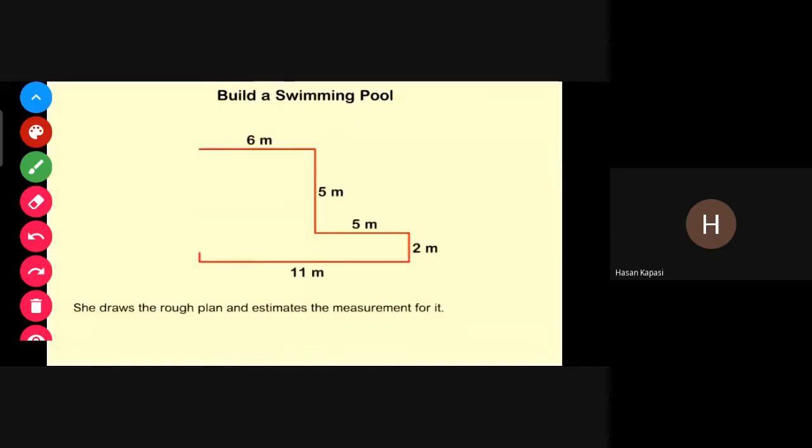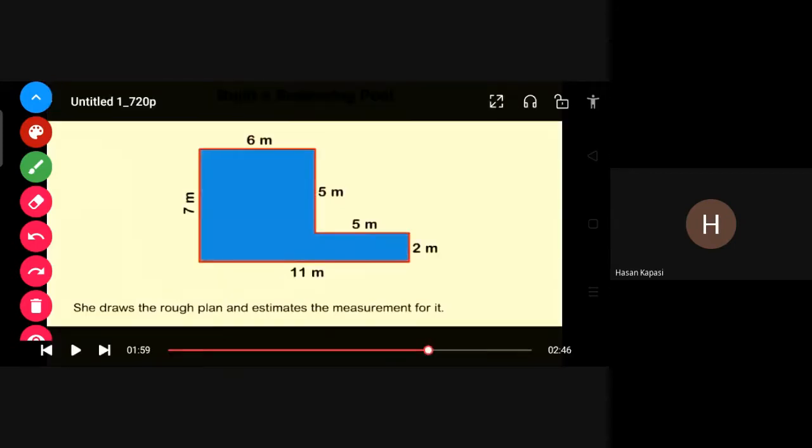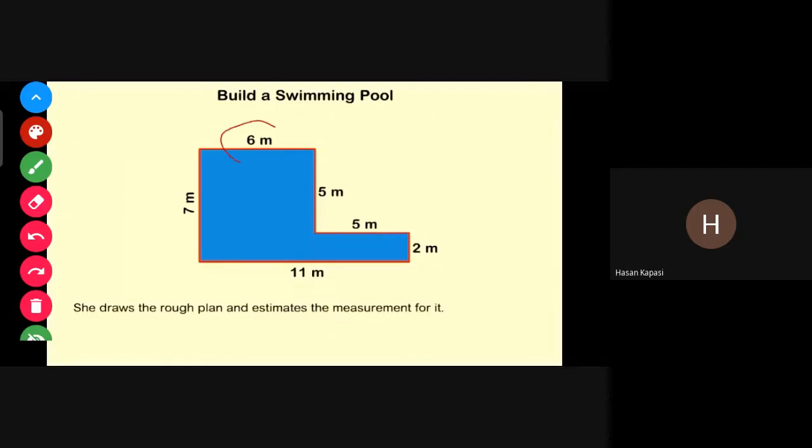The same swimming pool. And they are telling us the measurement of each side. So to find the perimeter, what will be the perimeter of this? Who will tell me the perimeter of this?